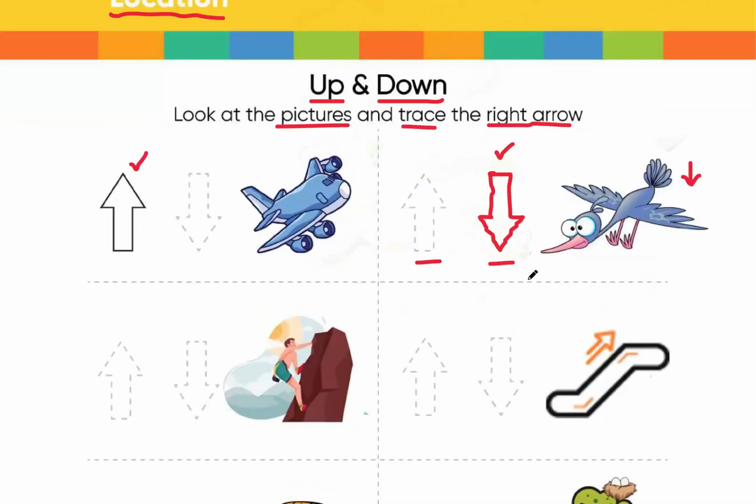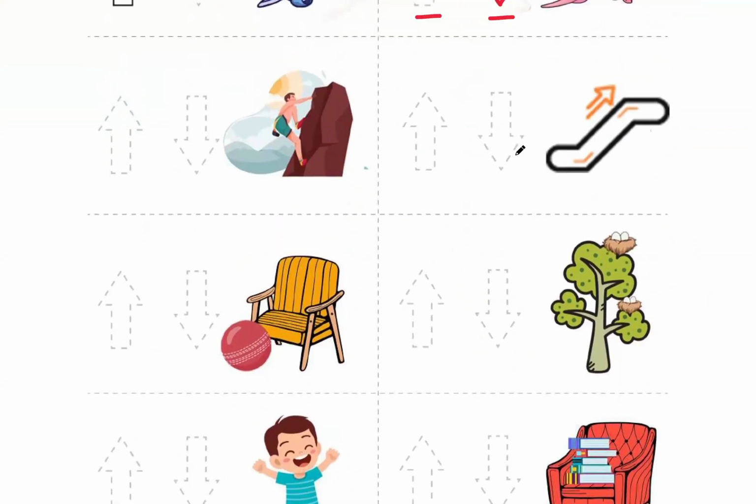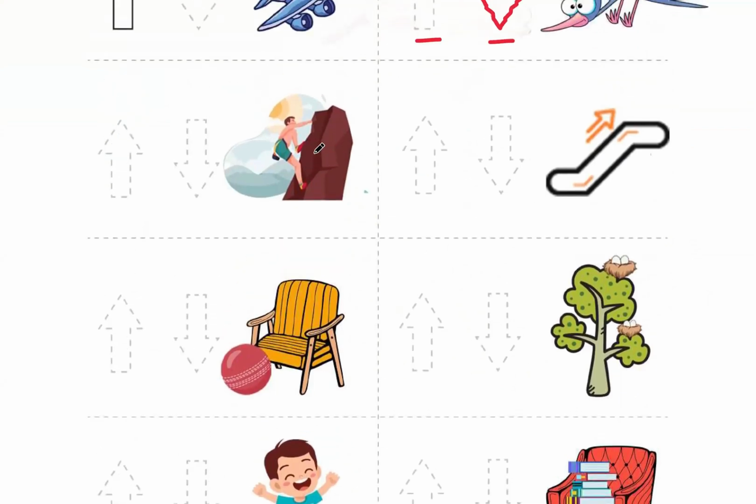Now let's move towards the second row and see what type of arrowhead we have to trace over there. Now here you can see that this man is climbing the cliff or the mountain. So that means that this man is moving from the ground in the upward position.